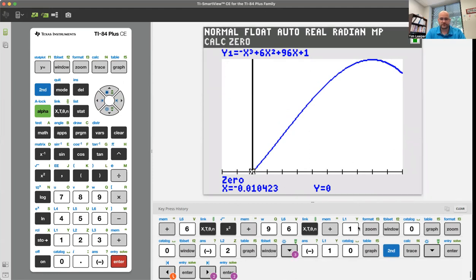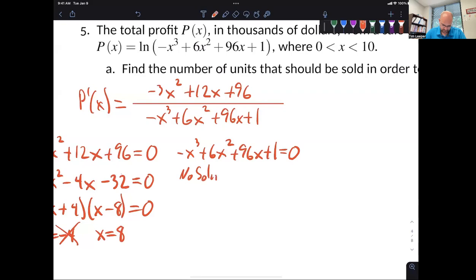So there are no solutions in 0 to 10 here. As a result, what that tells me is the only critical number that I have here is 8. And again, it's only because we've limited our domain specifically right here.